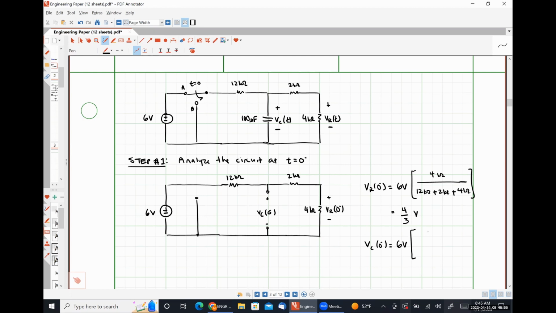So that's going to look like 2 kilo ohms plus 4 kilo ohms over that same denominator. So 36 over 18 is 2.